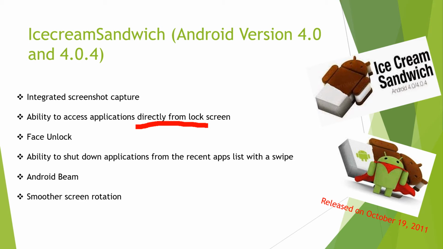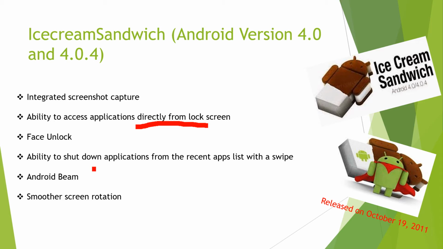So some of the applications like camera and all we access directly from the lock screen. So that ability or that feature was again introduced from IcecreamSandwich onwards. Face unlock was another important feature introduced in IcecreamSandwich. So face unlock feature allowed users to unlock handsets using facial recognition software.